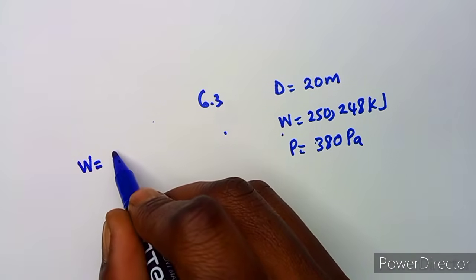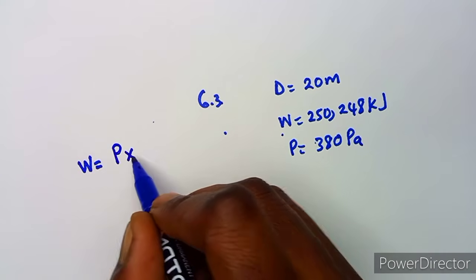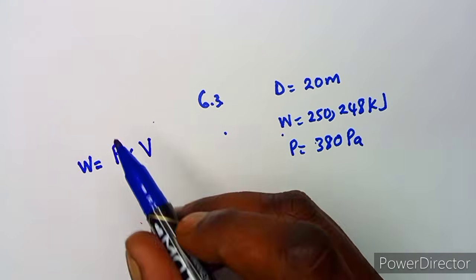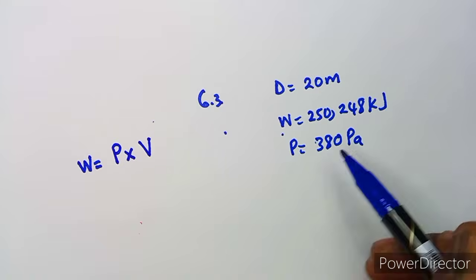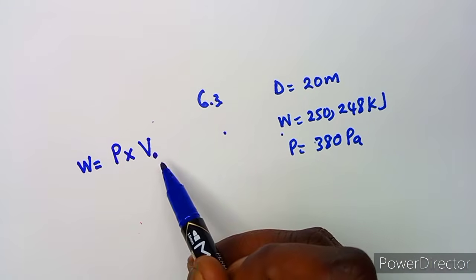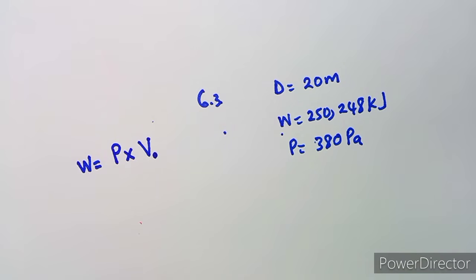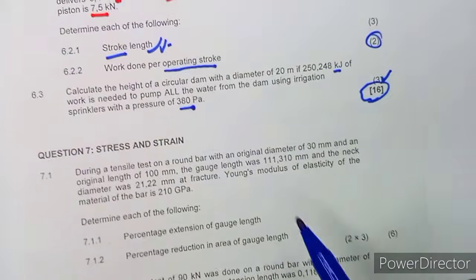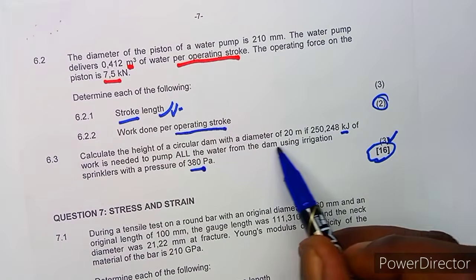So let's just write the formula. That's pressure times the volume. I have the work done, I have this pressure, which means I can calculate the volume. But how is this volume going to help us? We are given the diameter, so we can play around with the volume.